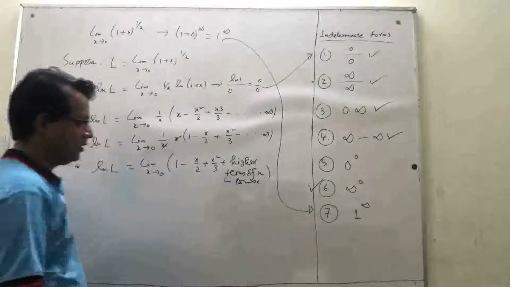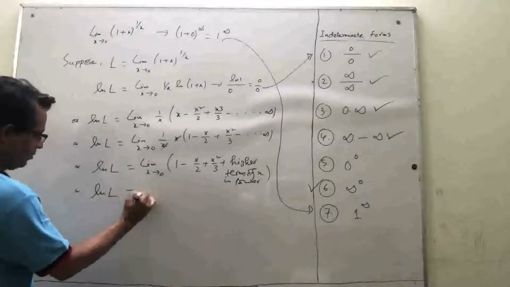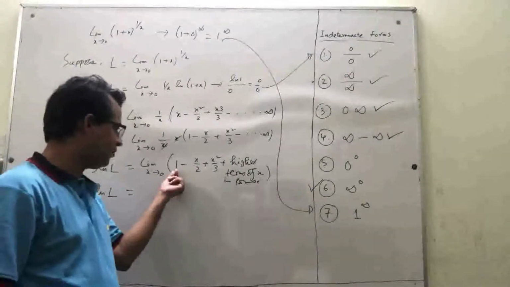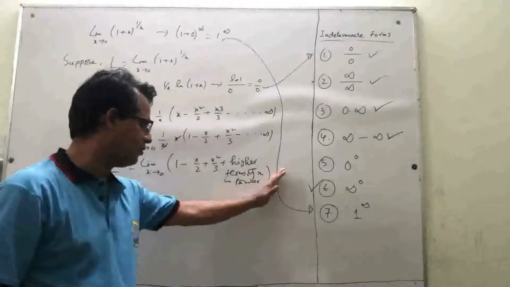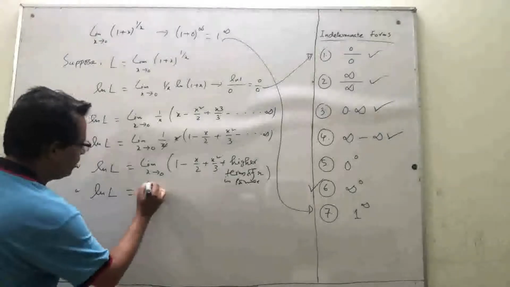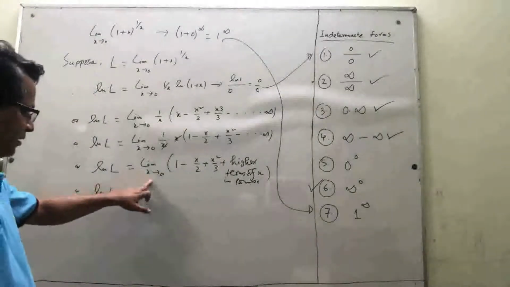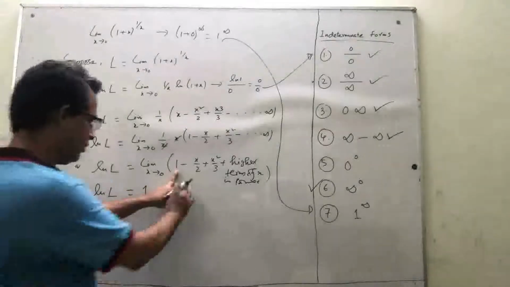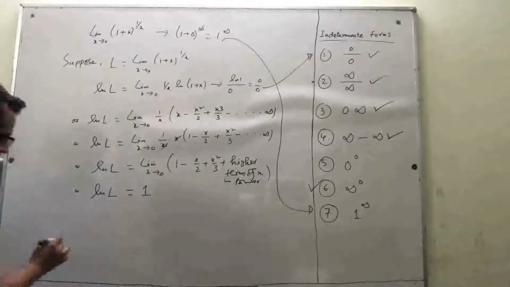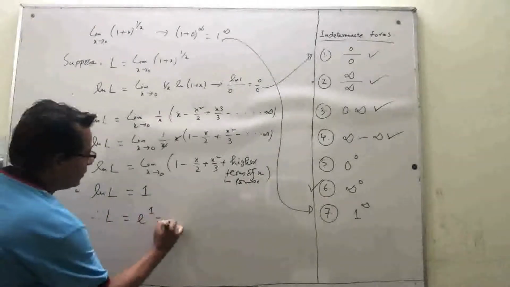For ln L, we see that except the first term, all other terms will be 0 at x equal to 0. So we have only 1. Limit x tends to 0, except 1, all these terms will be 0. If we take antilog, then L equal to e to the power 1, that is e.